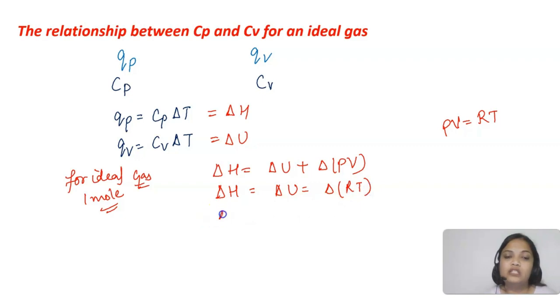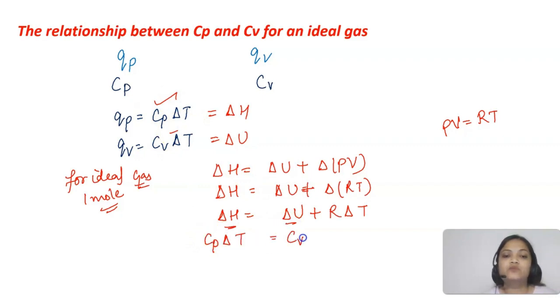Now R is constant, so delta H is equal to delta U plus R delta T. Now put the values of delta H and delta U: delta H is Cp delta T, and this one is Cv delta T plus R delta T. Now delta T is common, so you can cancel it out. So you will get Cp is equal to Cv plus R.